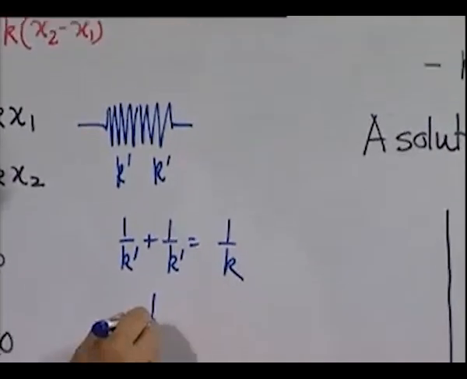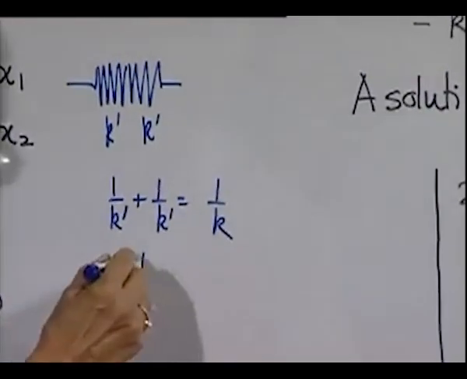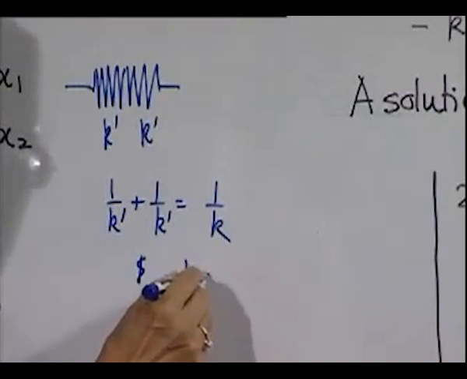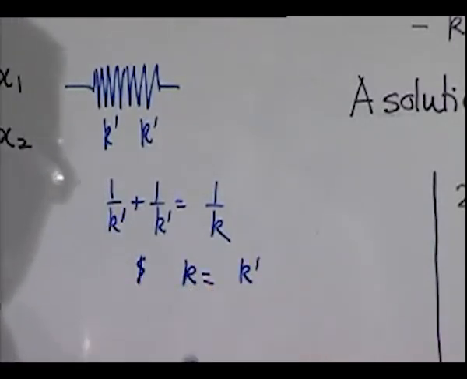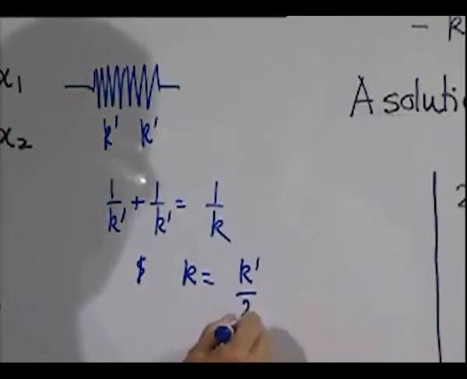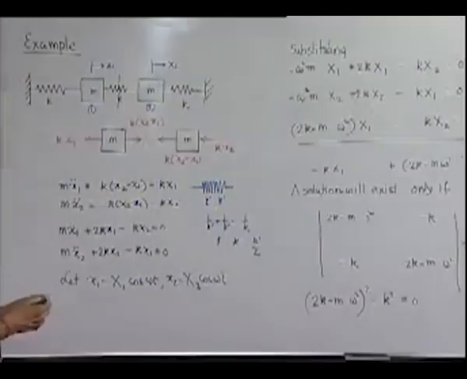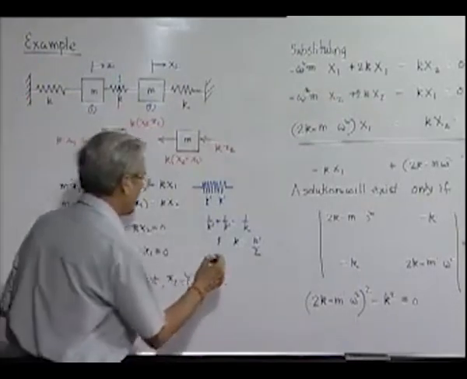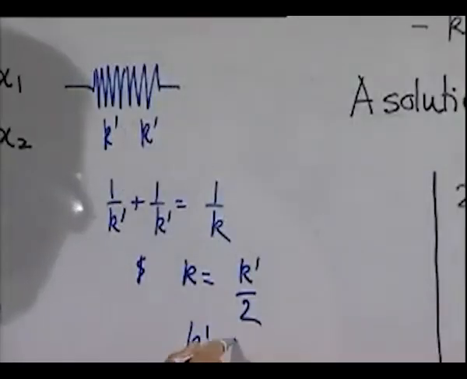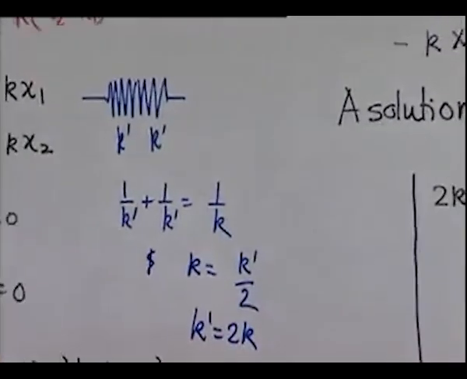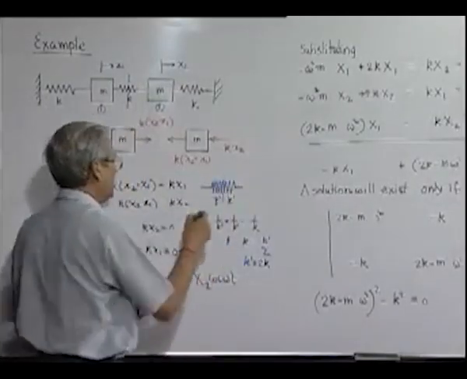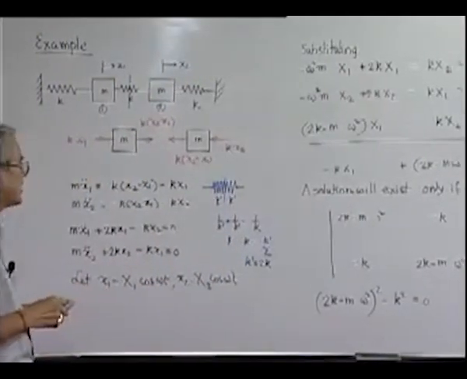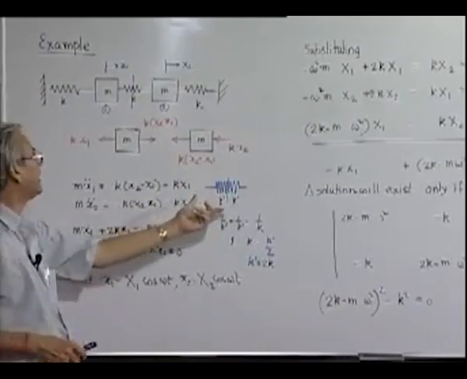if this is k prime and this is k prime, together in series they should give us k. And you know, when springs are in series, obviously k will be equal to k prime by 2.